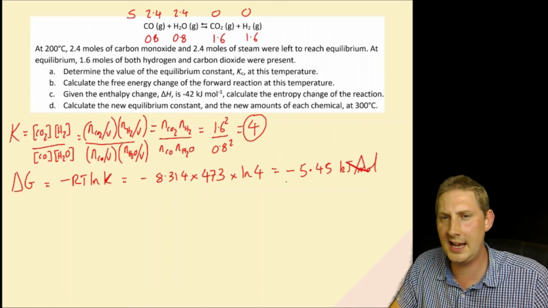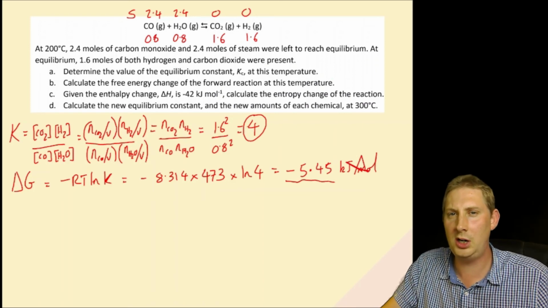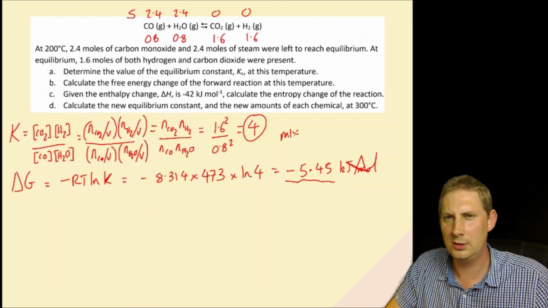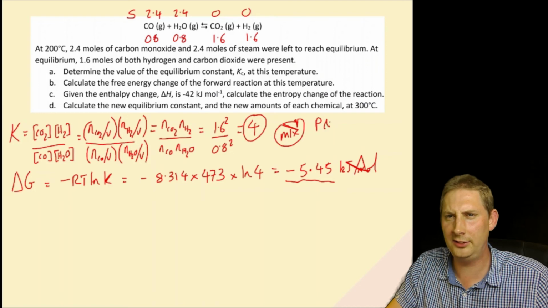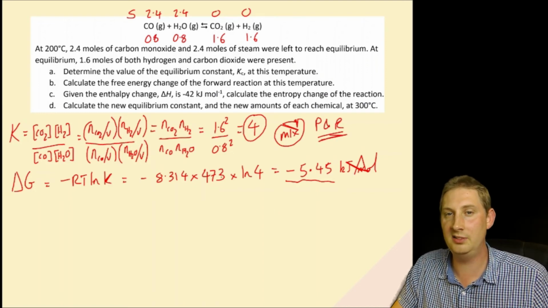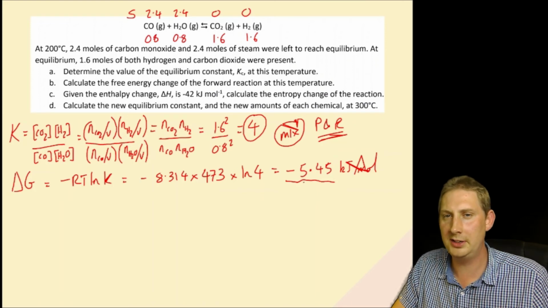Okay, it's not very negative at all, and that's why we've got quite a mix of products and reactants, because it's only slightly negative, but we have got more products because it's a negative number.